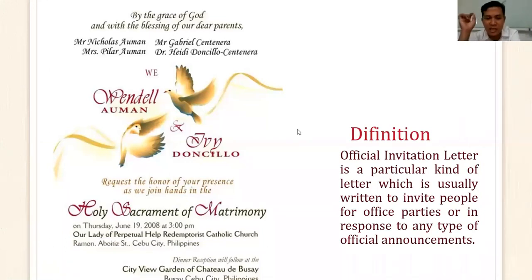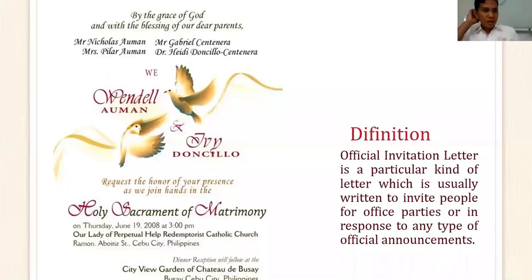But there are two kinds of invitation letter: a formal invitation letter and an informal invitation letter. So what is the official or formal invitation letter? A formal invitation letter is a particular kind of letter which is usually written to invite people to an office party or in response to any type of official announcement.